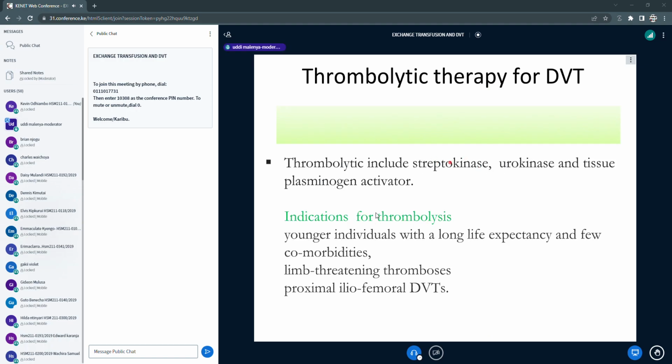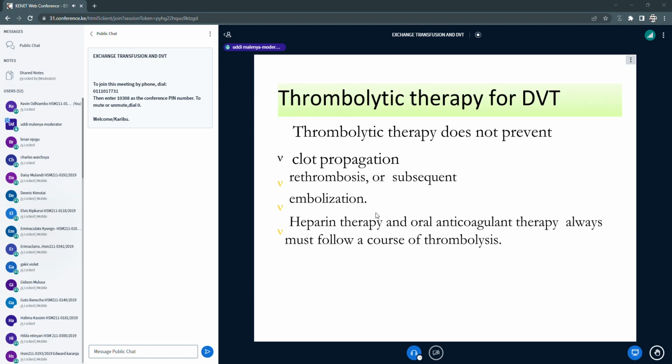They include streptokinase, urokinase, and tissue plasminogen activator. If you have a limb that is being threatened by ischemia, then it is important. If you have proximal iliofemoral DVTs, then you can actually use this thrombolytic therapy.